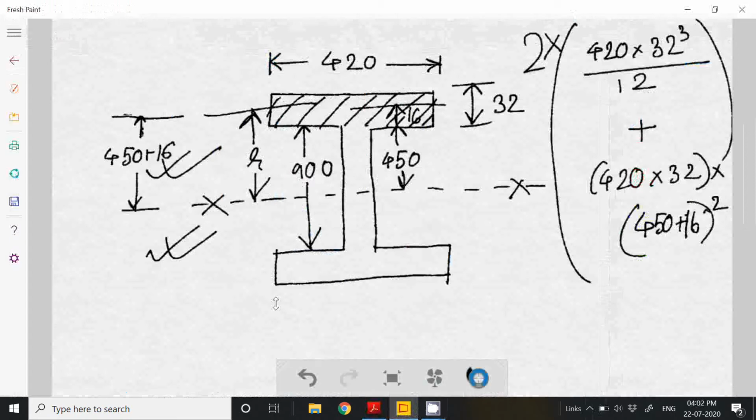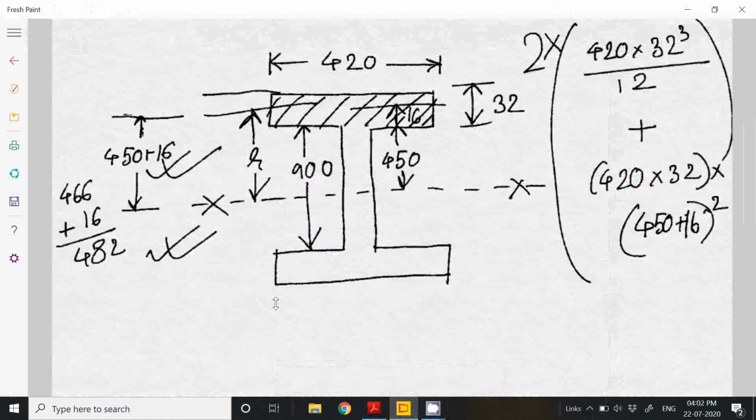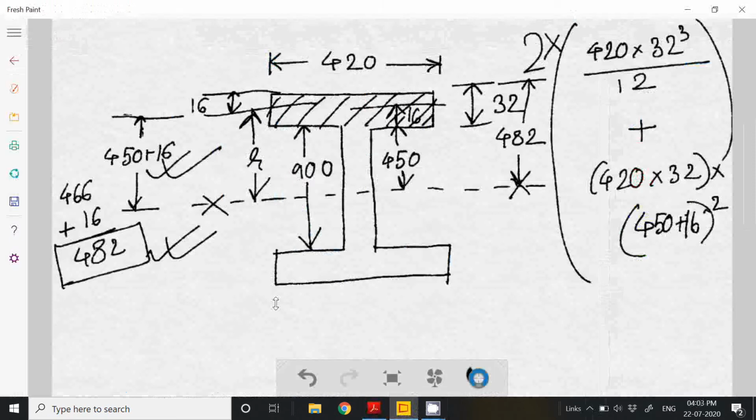So this is ultimately 466, plus 16, 482. That means if we calculate it here, 16, it's fine. This should be 482. It was just a little bit of confusion. This whole will be 482. So that is the thing. But you please check this once.